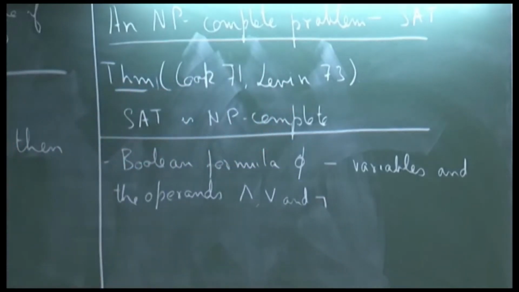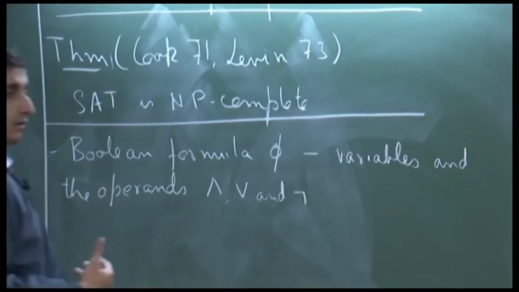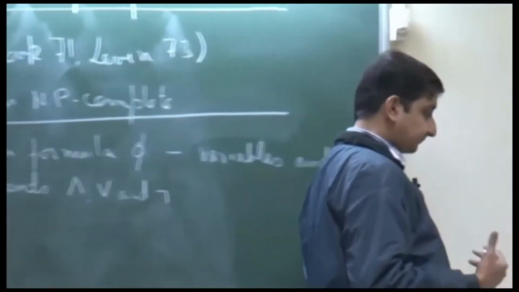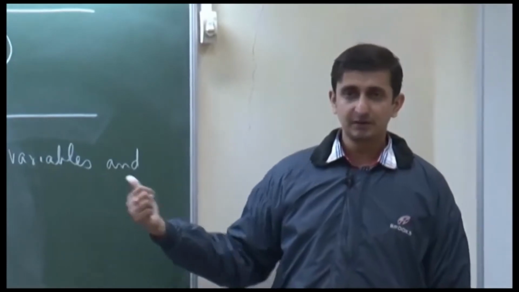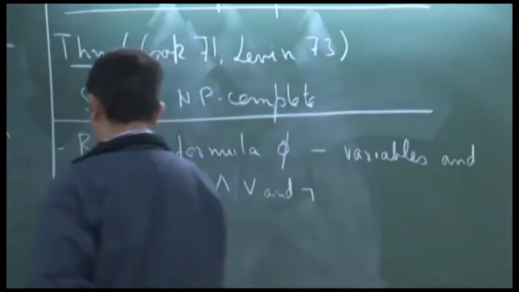Okay. So, a Boolean formula is basically a string of variables together with the following operands, where the operands have the usual definition.